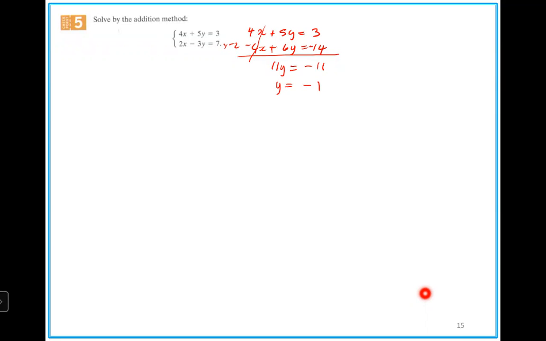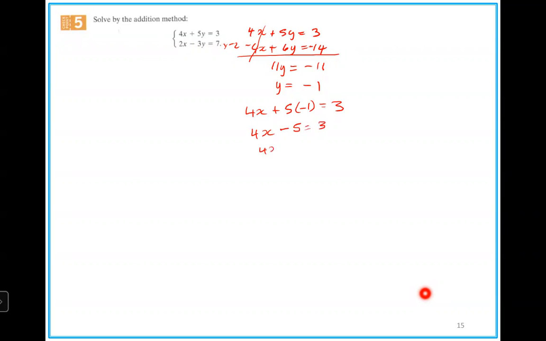So now that we know that y is equal to -1, where do we go from there? You substitute the y in the top equation. Okay, so you can say 4x plus 5 times -1 equals 3. So 4x minus 5 equals 3.